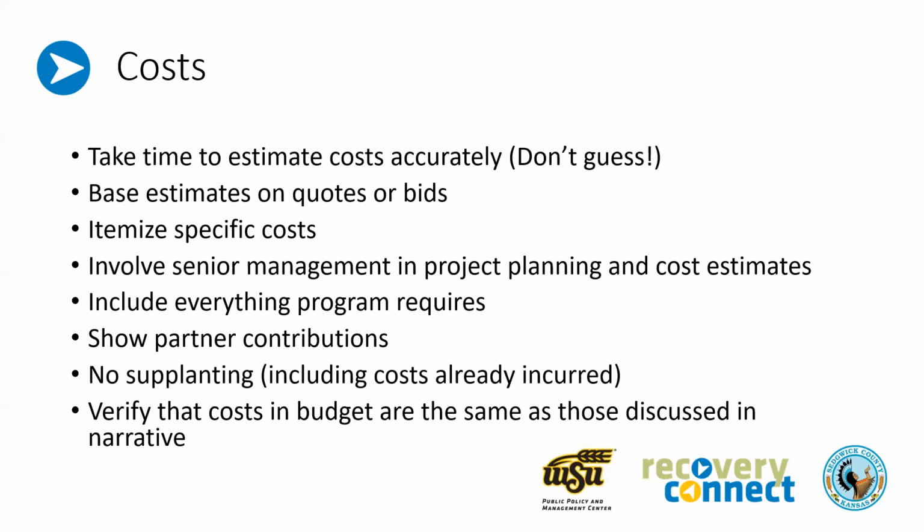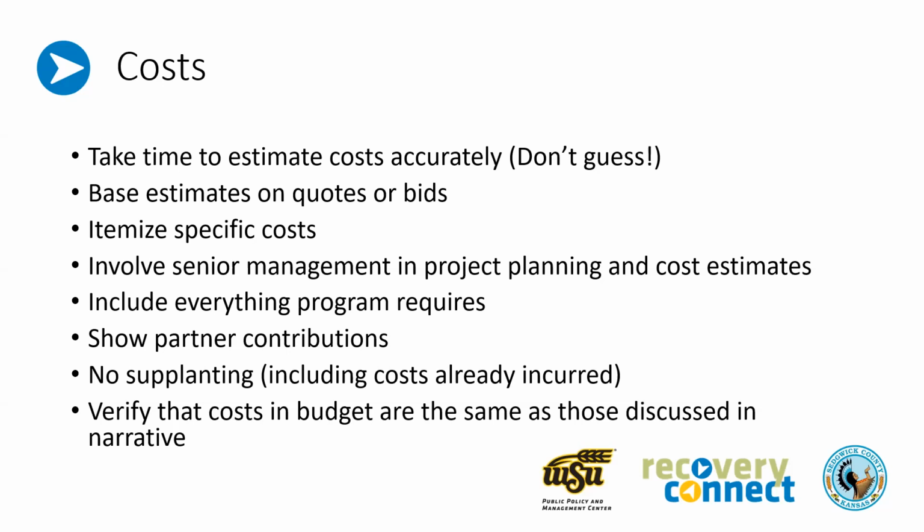If you have partners in the project, you're going to want to show their contributions in the grant. And it might be that that's under a separate column so that they can see that those contributions are being used towards match. No supplanting is allowed, and that means those costs that have already incurred.